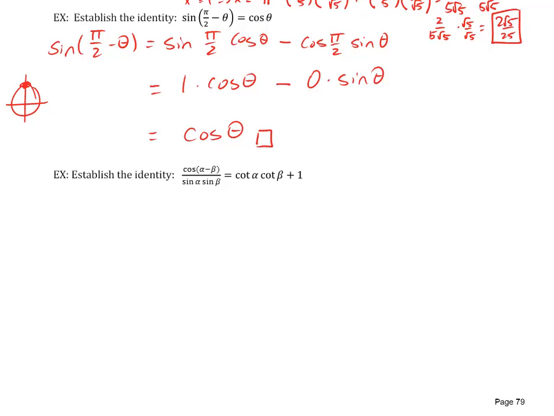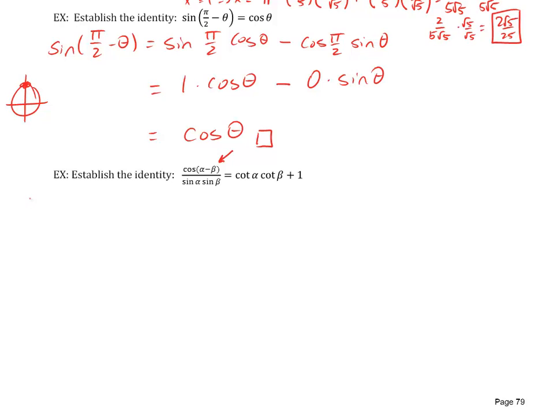The next proof asks us to show that the cosine of alpha minus beta over sine alpha sine beta is cotangent of alpha cotangent of beta plus 1. In many of our previous proofs, it was a good idea to convert everything to sines and cosines. In this case, the natural starting place is the left-hand side because you've got a difference formula that you can apply immediately.